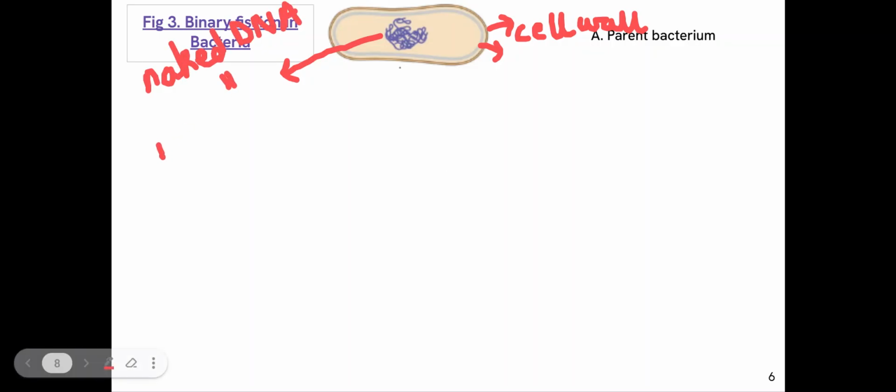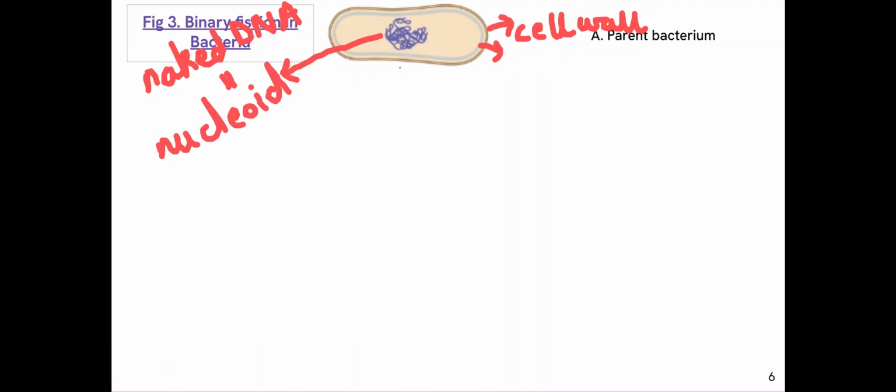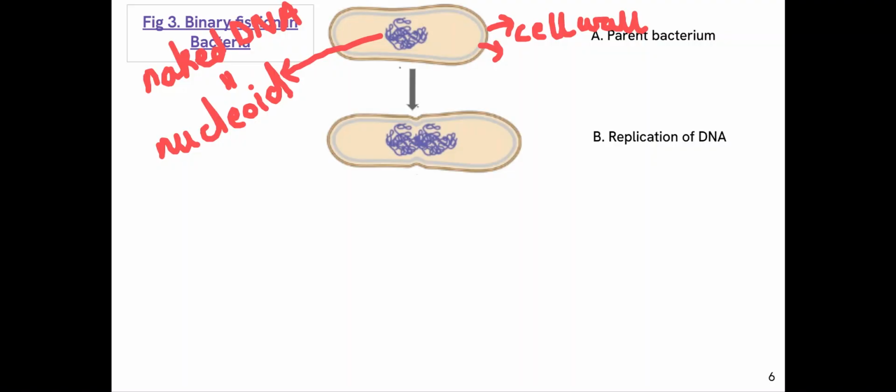So this naked form of DNA is known as nucleoid.